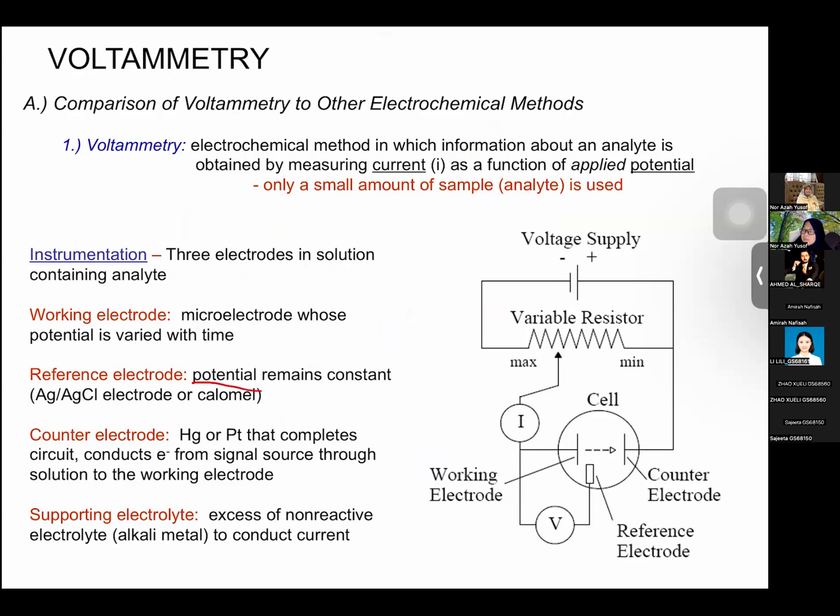The reference electrode stabilizes the background potential. The counter electrode completes the circuit. And the working electrode is where the reaction happens, the oxidation and the reduction. Most of the time when we do research in electrochemistry, this is the one that we develop and work on. This one is usually standard.